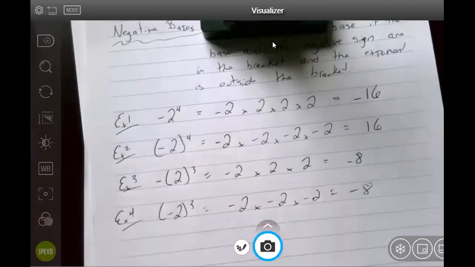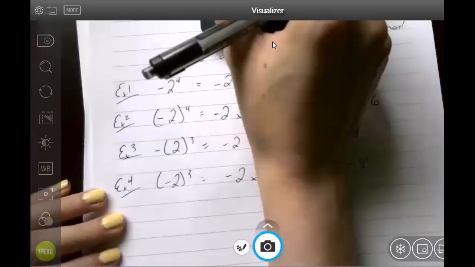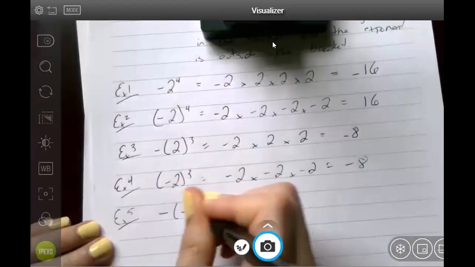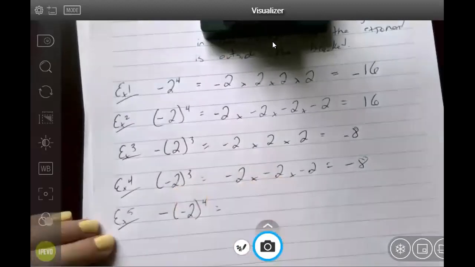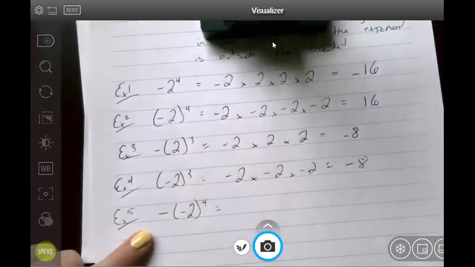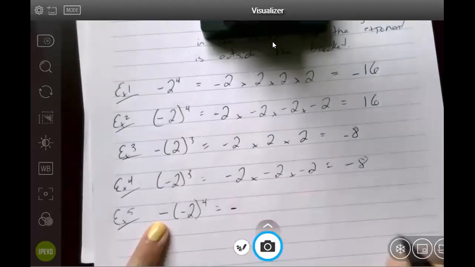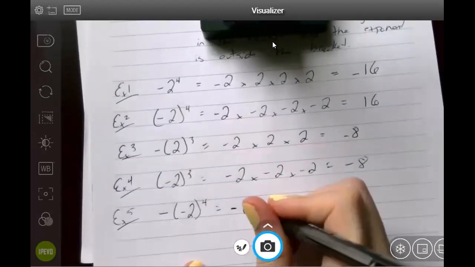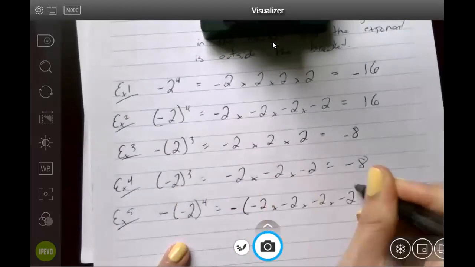Okay, the one other thing that I do want to show you here, because you might see it, is something with a double negative sign. So something like this. If you have something like this, what that means is this negative sign just goes in front, and then you have negative 2 times negative 2 times negative 2 times negative 2.